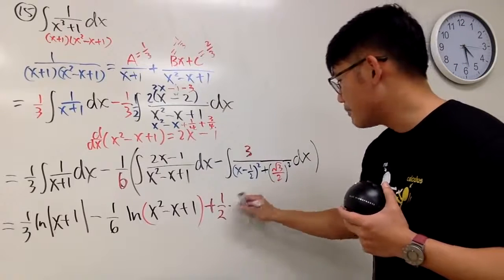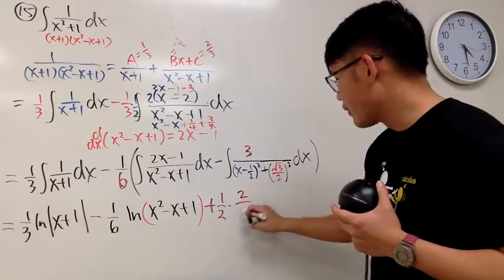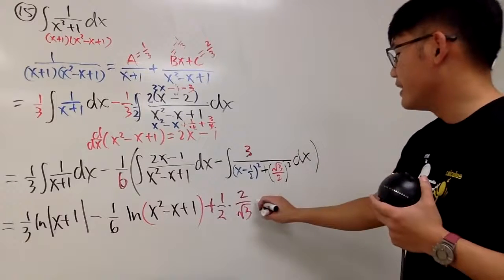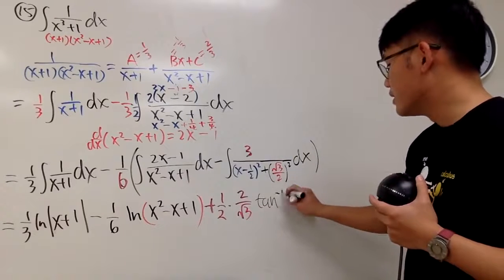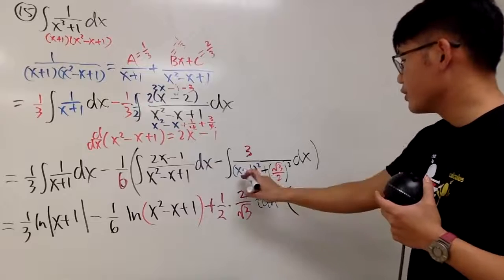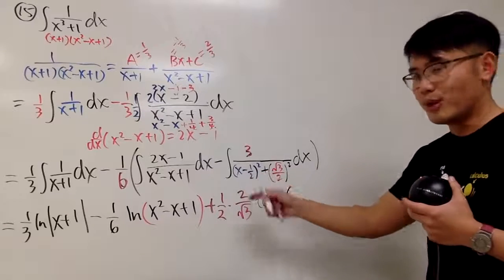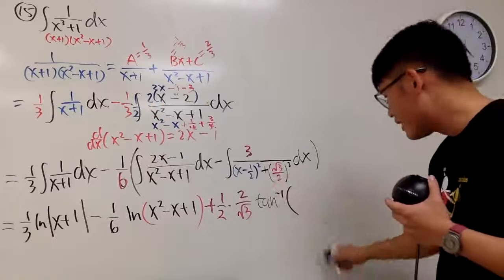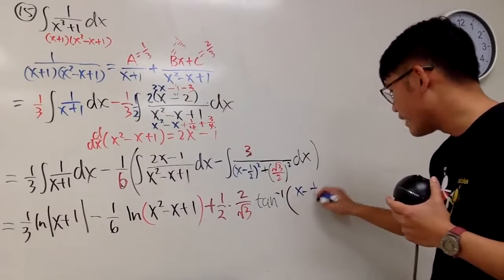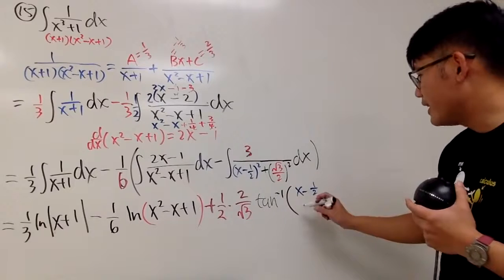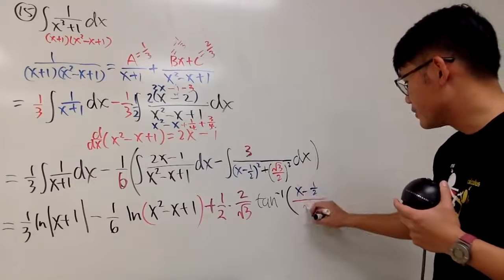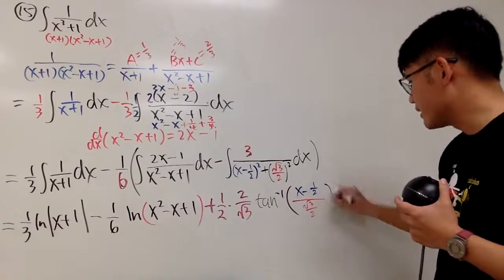Namely, you multiply it by 2 over square root of 3, and then the inverse tangent. And the input is going to be this as your u. And thank God, the derivative of this is just going to be 1, so that's good. So you put this down, which is x minus 1/2. And then you divide it by this guy, which is the square root of 3 over 2, like this.